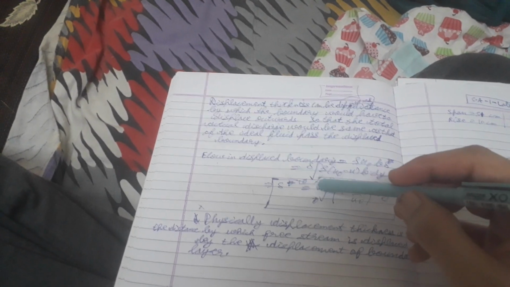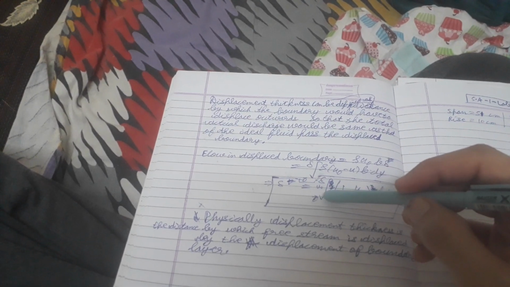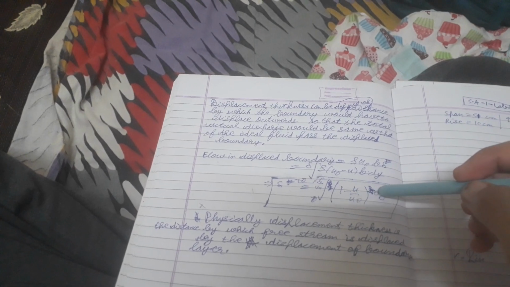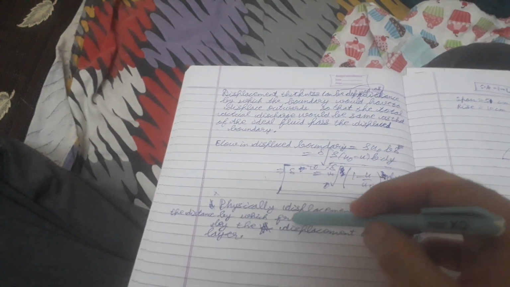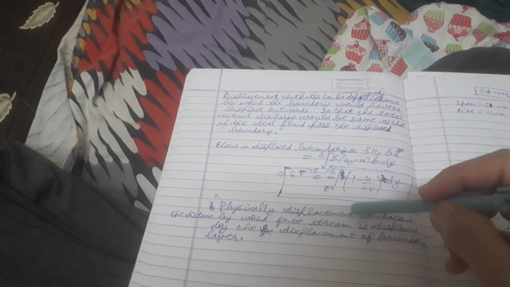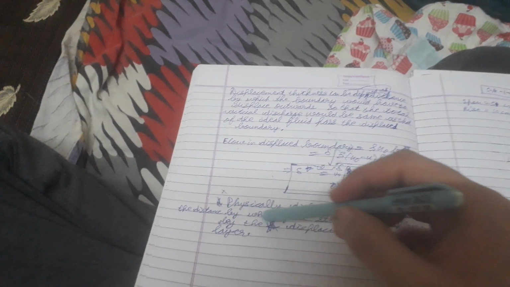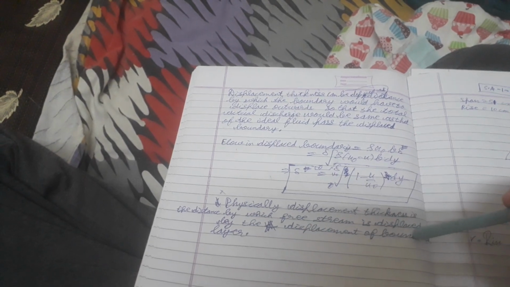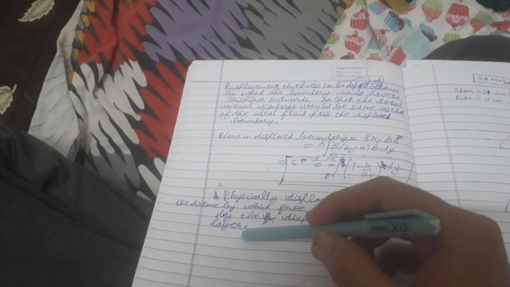Then delta star is equal to the integral from 0 to delta of 1 minus u over u naught into dy. Physically, displacement thickness is the distance by which the free stream is displaced by the boundary layer.